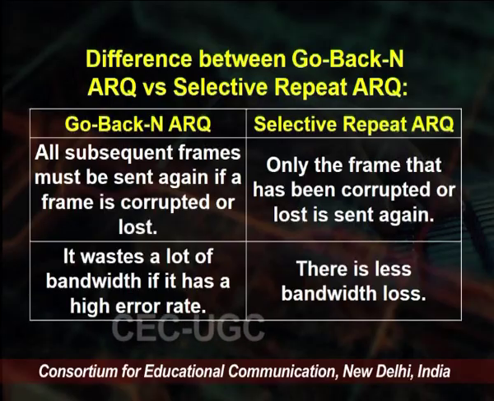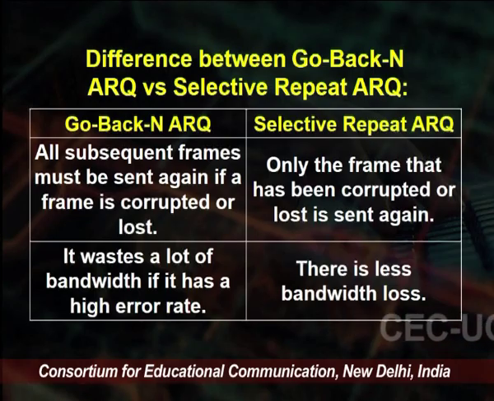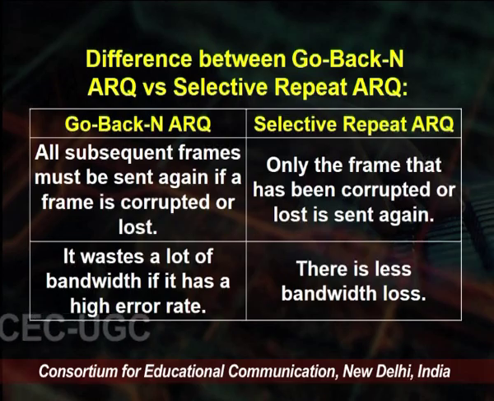And now, if we want to summarize go back N and selective repeat in terms of specifically the differences between the two, the important one is that in go back N, all the subsequent frames must be sent again if a particular frame is corrupted or lost, and in selective repeat only the frame that has been corrupted or lost will be sent again.